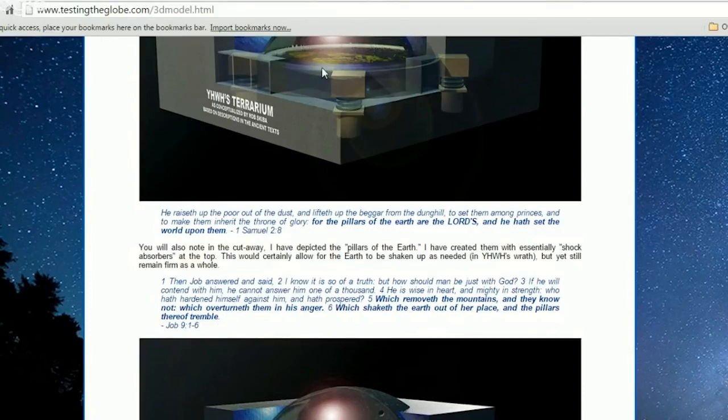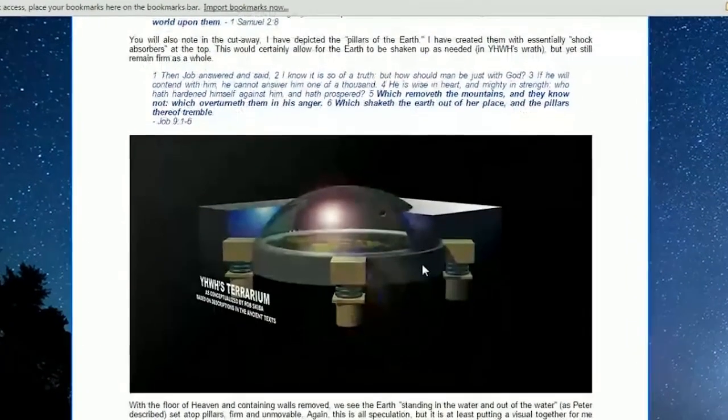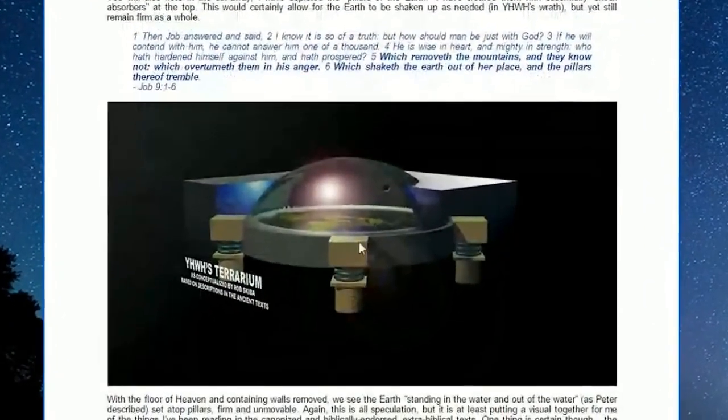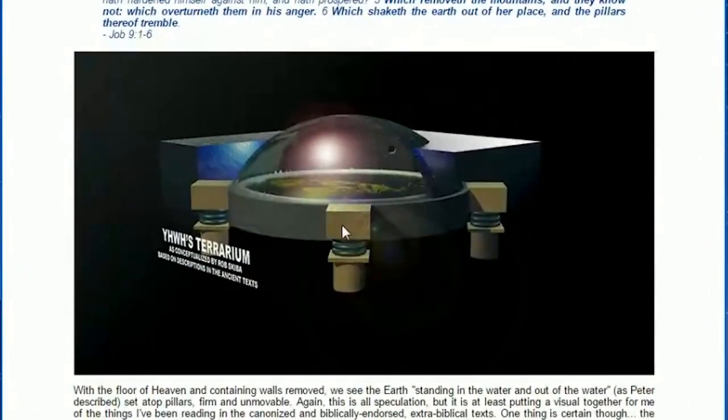So, if you can imagine the earth being shaken up a little bit, with these shock absorber things. Here's a better example right here. That would give the opportunity. And maybe that's how the earth... I'm just looking at this right now and wondering if this has a slow cycle of a minor sway to it.